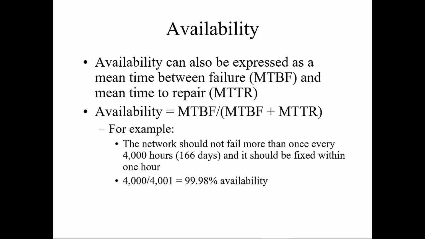For example, the network should not fail more than once every 4,000 hours, or 166 days, and should be fixed within 1 hour. That will allow you an availability of 99.98%.